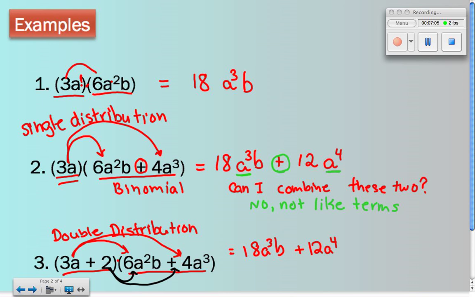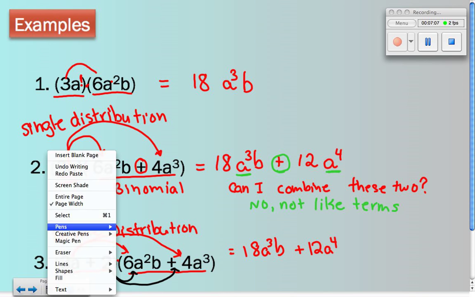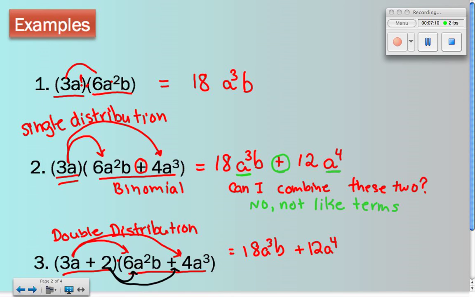But now we have to do the 2. 2 times 6a squared b is 12a squared b, and 2 times 4a cubed is 8a cubed.